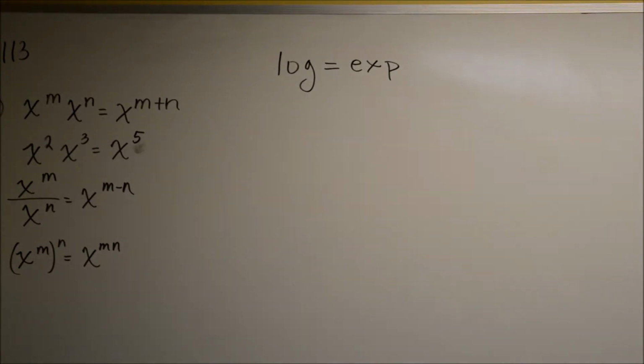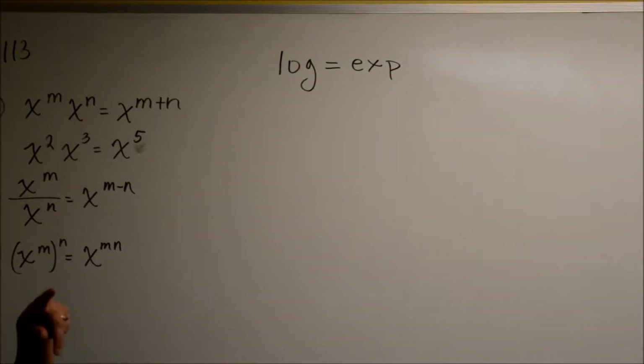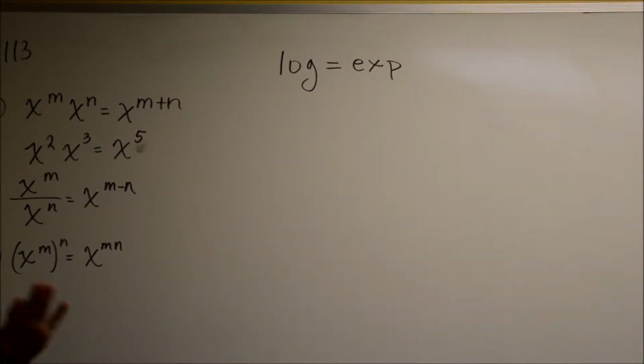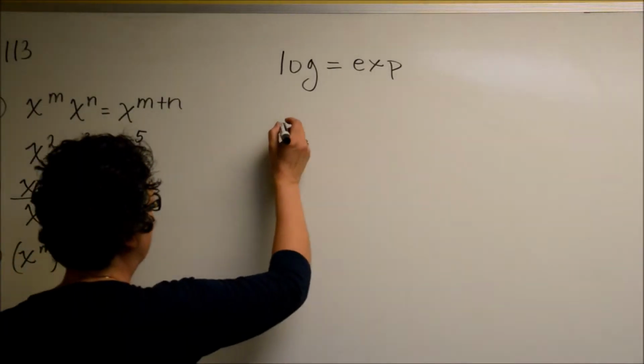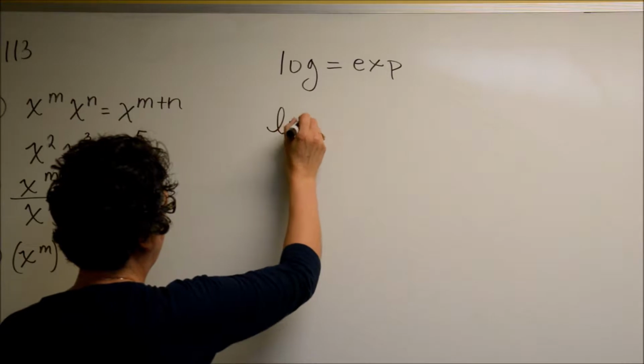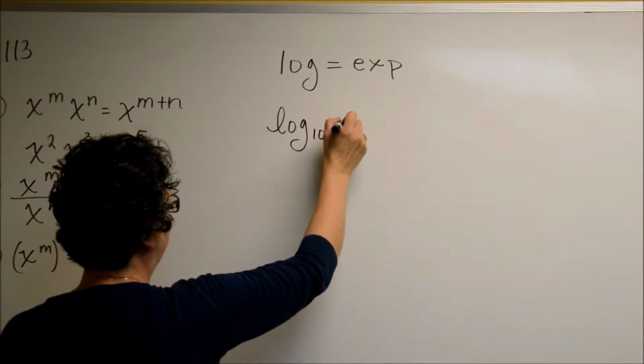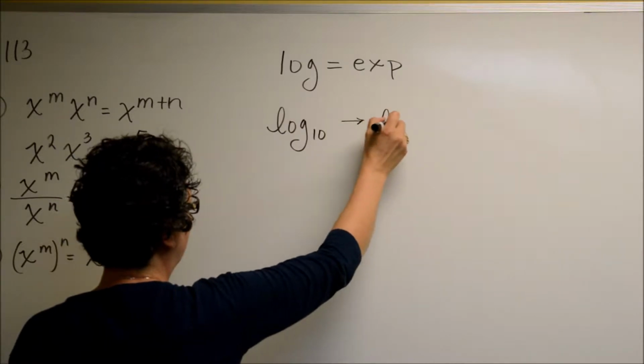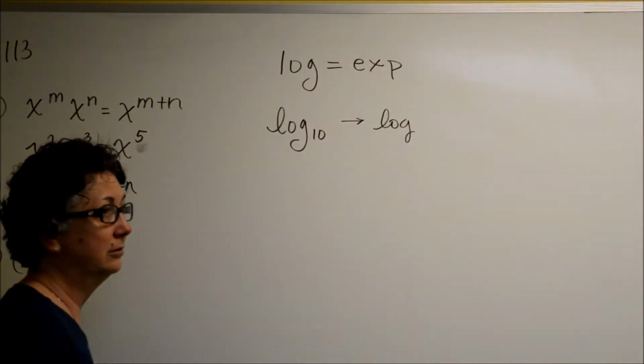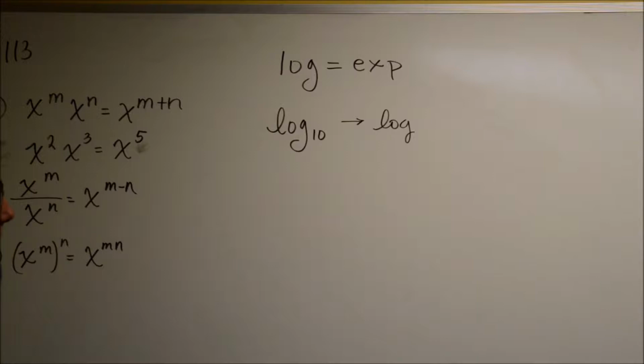So let's start with two specific bases. We can do this with any base, but two specific bases is base 10. That's log base 10, and that is on your calculator, the LOG button. It's understood to be base 10.